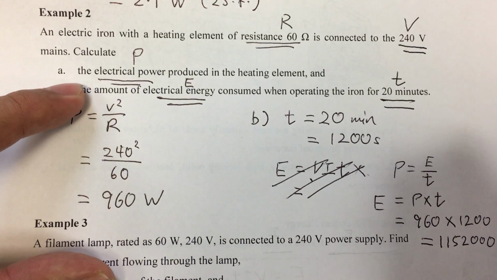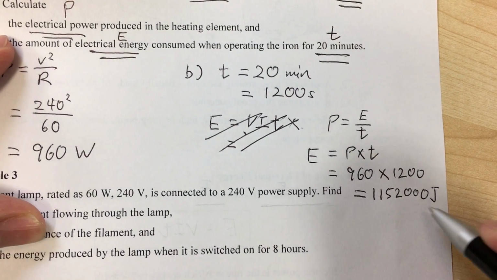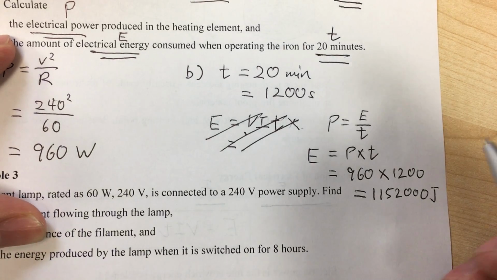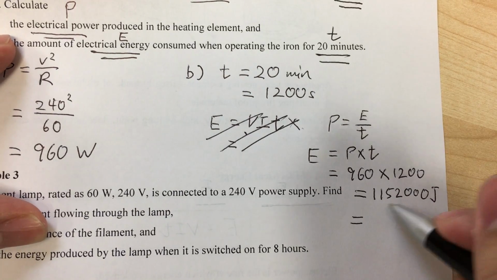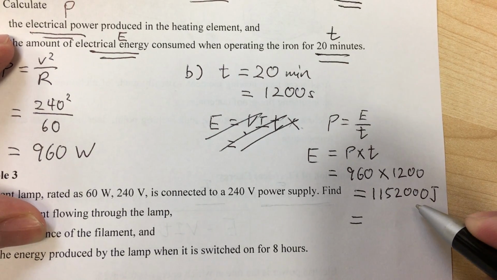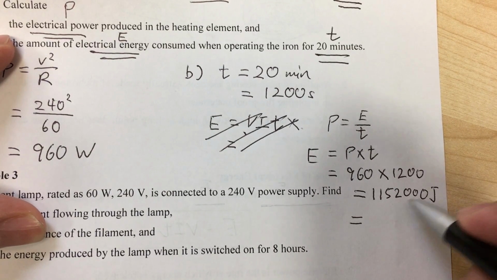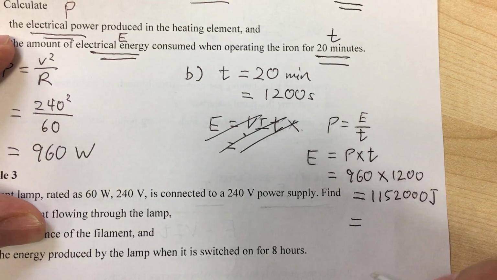1152,000 joules. Oh my, do you think this is the final answer? Yes, very good. Some of you have noticed that this is not the final answer. Our final answer should be 2 or 3 significant figures. So I need to convert into 2 or 3 significant figures for this value.